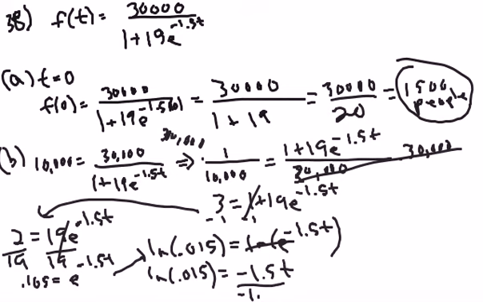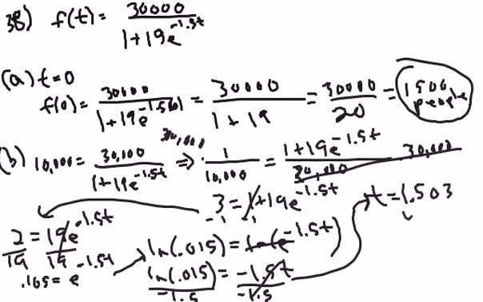And then divide by negative 1.5 on both sides. And once you evaluate this guy here, your final answer is roughly, let's see, 1.503 weeks. Okay, which there may be a little rounding error there, but that's the idea, so that's good.